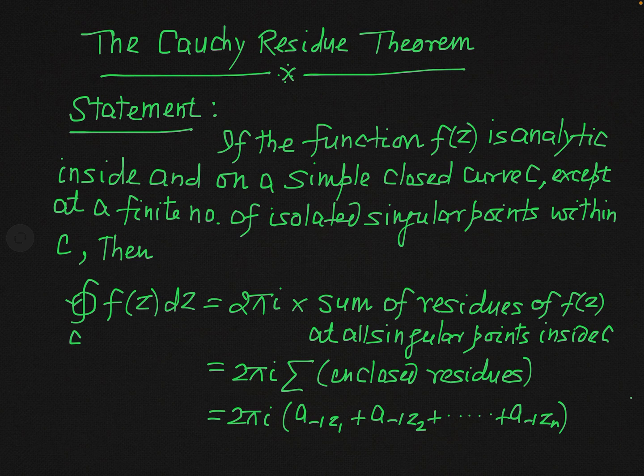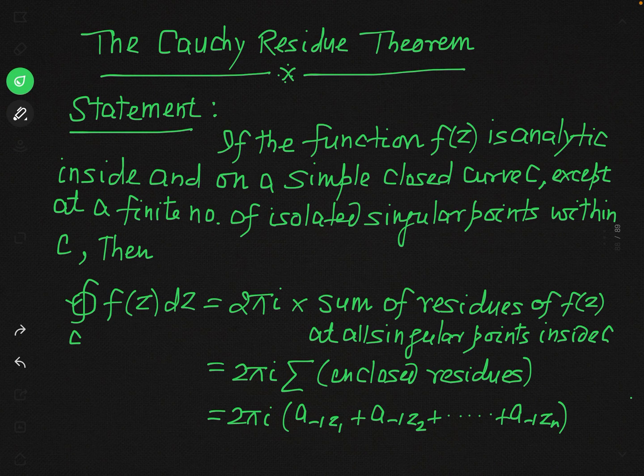You know a minus 1 is actually called residue, and when you say a minus 1 z1, it means this is the residue at the point z equal to z1. A minus 1 z2, what does it mean? It means the residue at z equal to z2. And a minus 1 zn means the residue at z equal to zn.